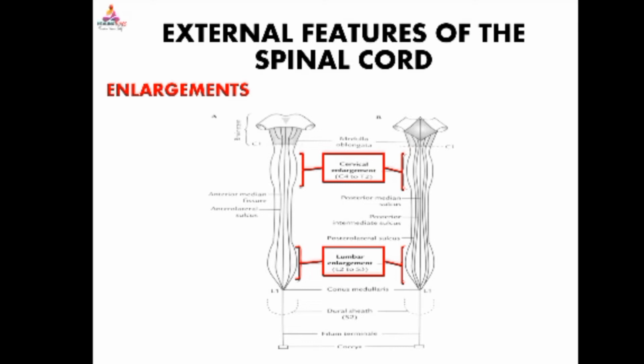The cervical enlargement innervates the muscles of the upper limb and the associated girdles, but the lumbar enlargement innervates the muscles of the lower limbs and the associated girdles. Okay.